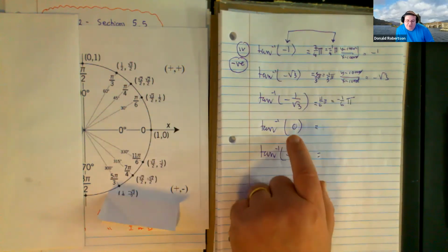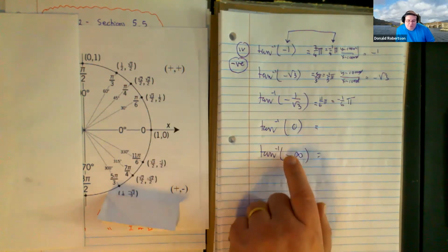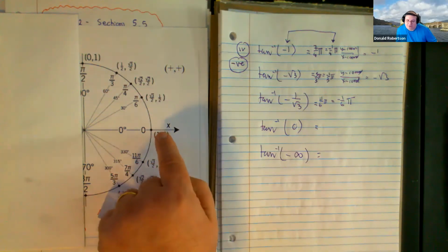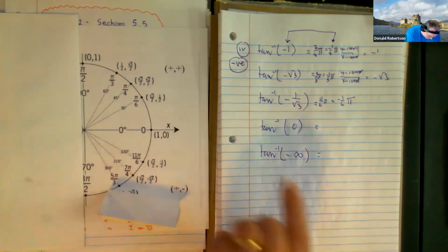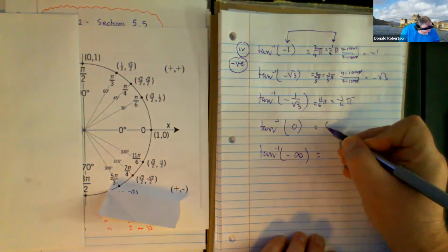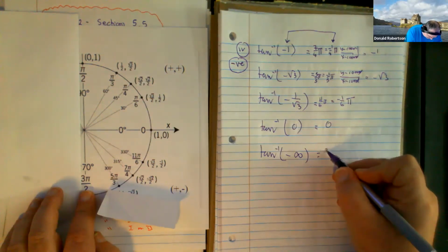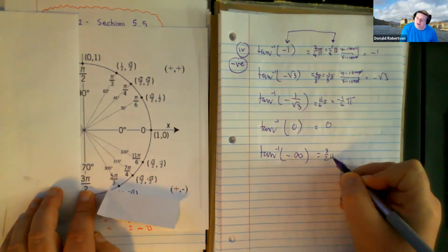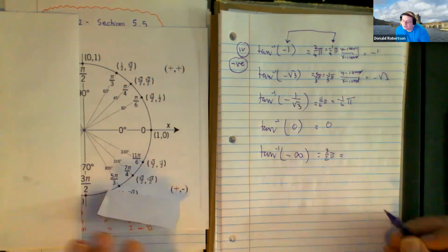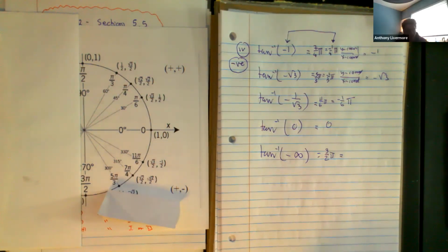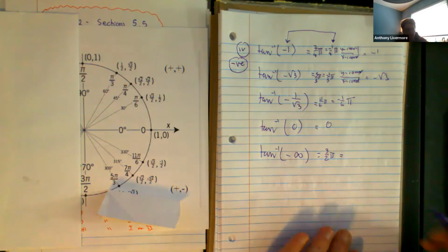What one gets me a 0? Well, actually a 0 we've done, isn't a 0 in the boundary, so it's basically that one. And -infinity is 3/2 pi. But what does 3/2 pi get written as? -pi/2.